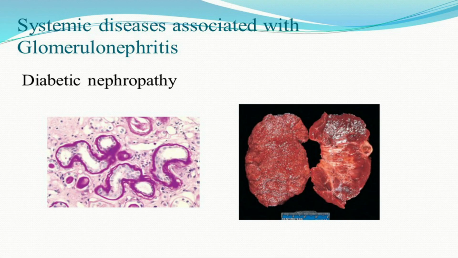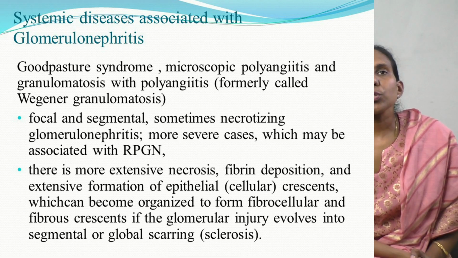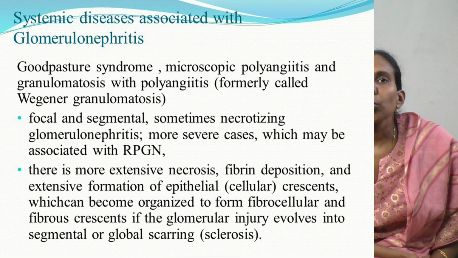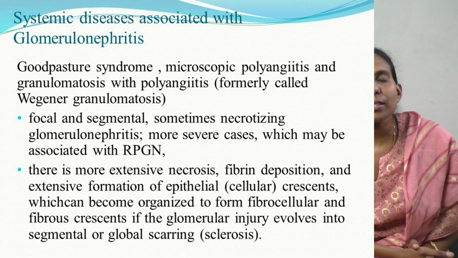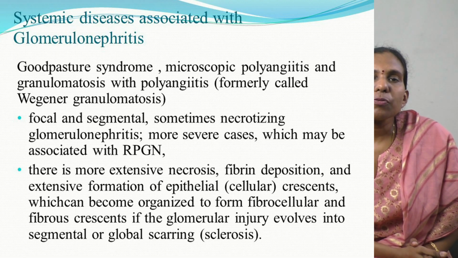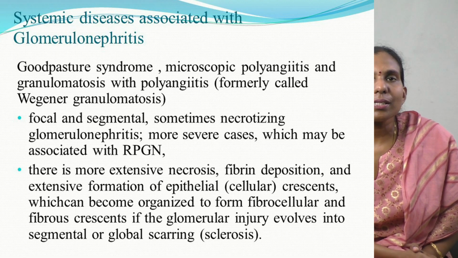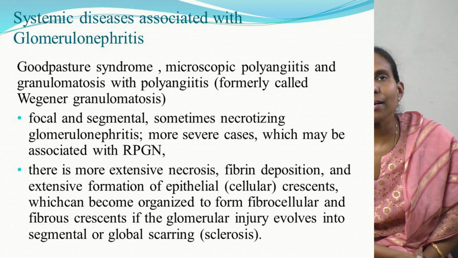Here I am showing you the most important cause of nephropathy, diabetic nephropathy, where there is sclerosis and the kidney is enlarged. Next one is associated with Goodpasture syndrome, where you have microscopic polyangiitis and there is focal and segmental glomerular sclerosis, extensive necrosis, fibrin deposition, and crescents are also seen.